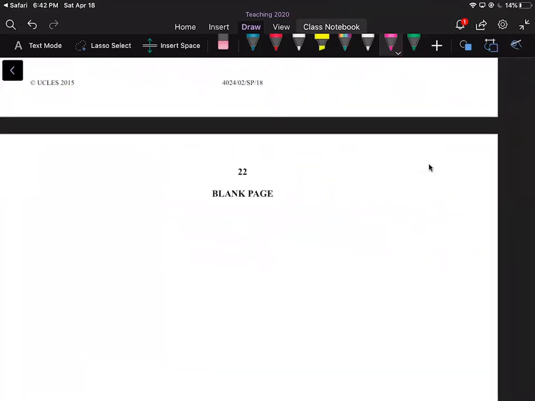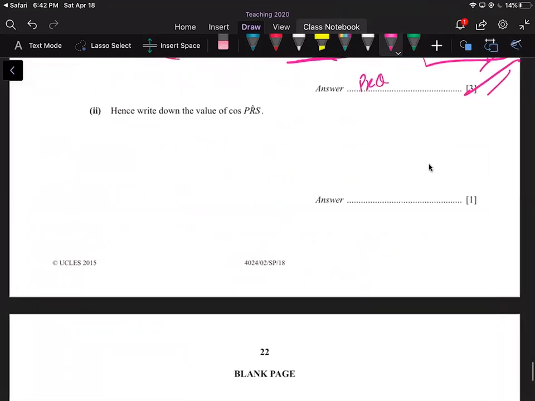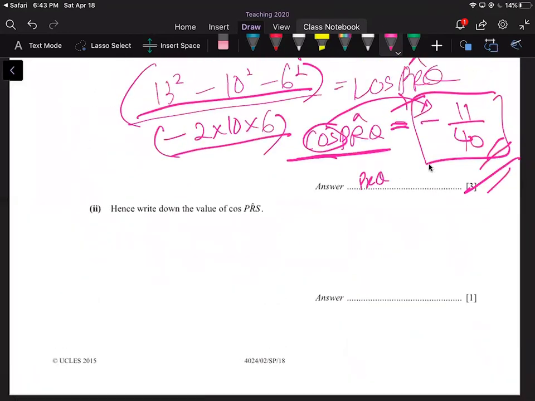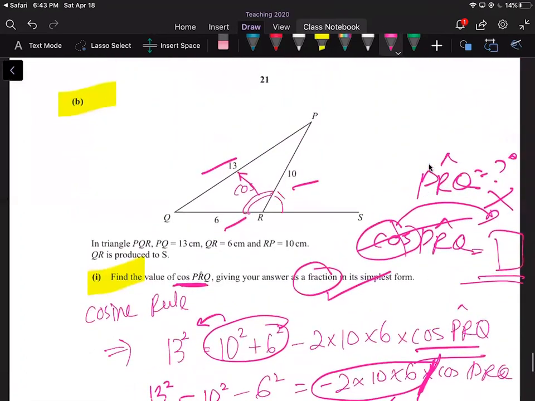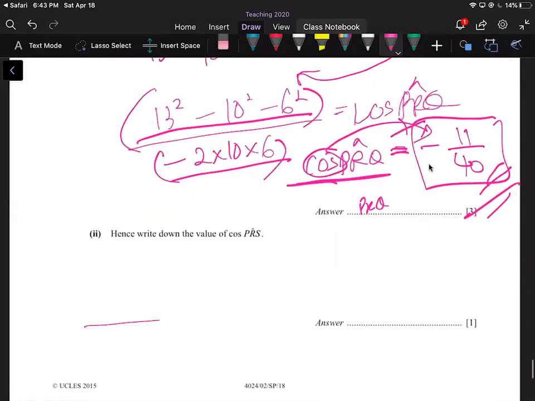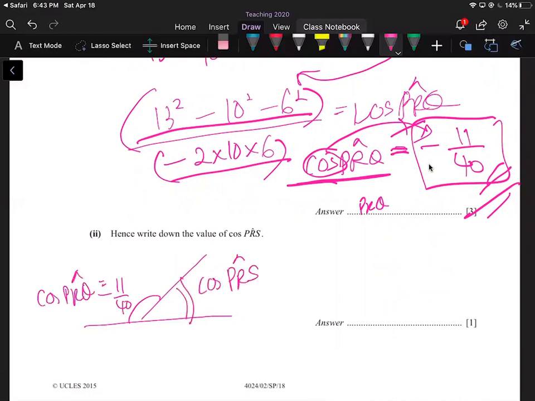Thank you very much. Before that, I'm just going to highlight ni nah. Hence, write down the value of cosine PRS. Cosine PRS. Ni nah. Okay. Ni sudah ada sini. Minus 11 over 40. Ni cosine PRQ kamu is equal to sini kamu punya cosine PRS. Write down.